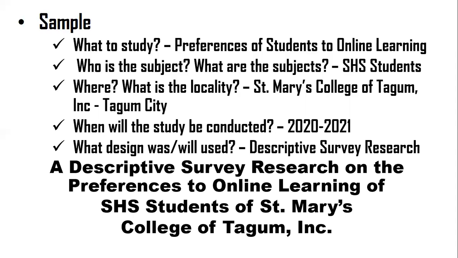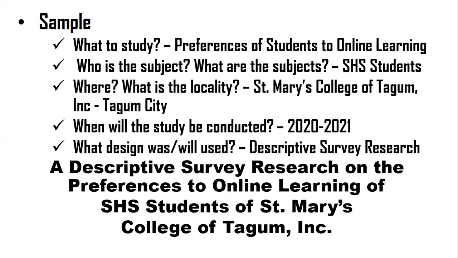So I hope you can have a good research title, but always remember, you can always change the research title based on the changes in your research as you conduct your study. So the research title is not totally final.